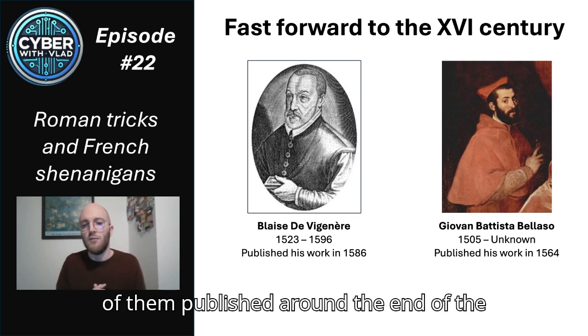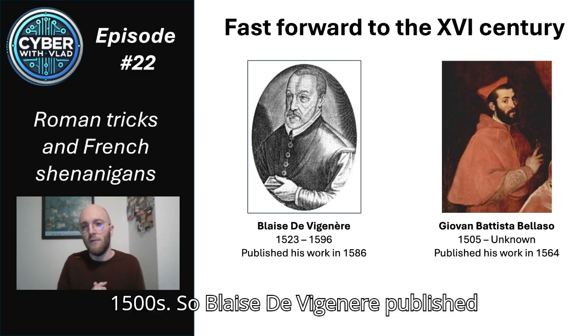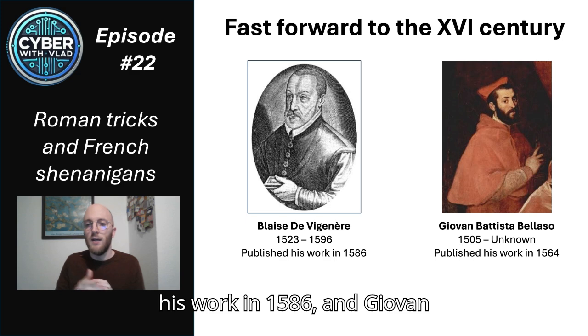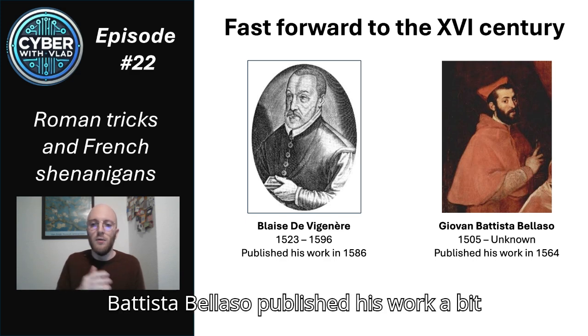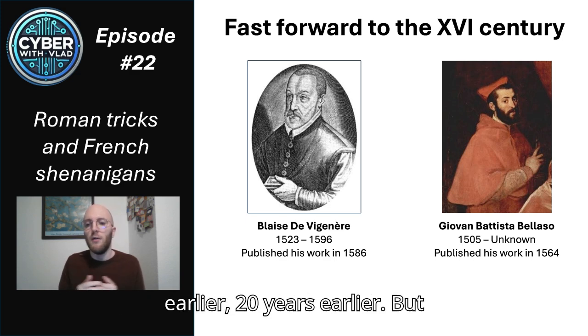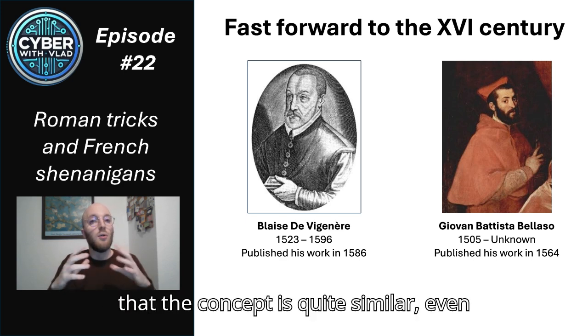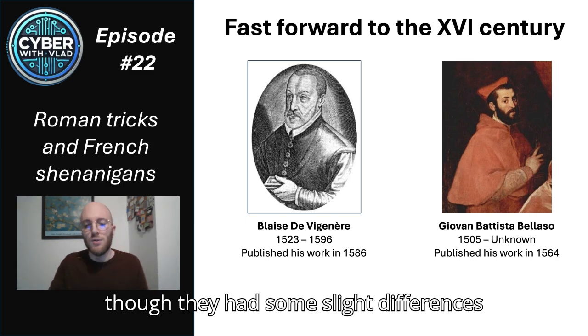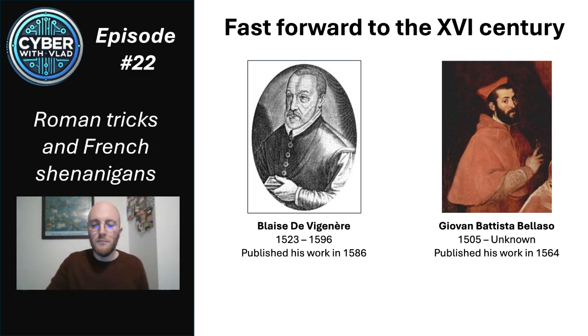Both of them published around the end of the 1500s. Blaise de Vigenère published his work in 1586, and Giovan Battista Bellaso published his work a bit earlier, 20 years earlier. But anyway, what I want you to remember is that the concept is quite similar, even though they had some slight differences that we will not go through today.